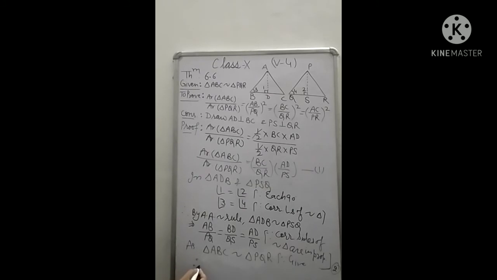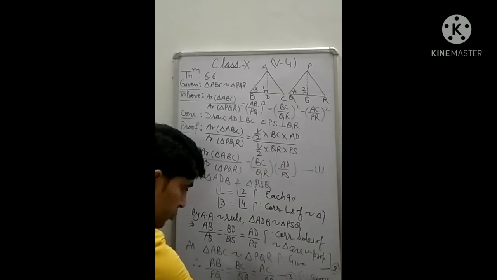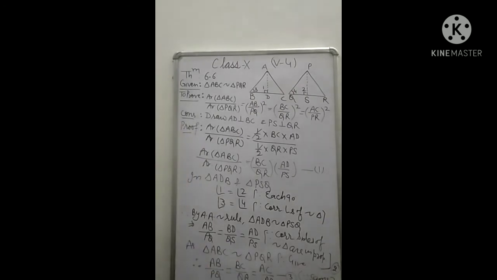So therefore from here we can write AB by PQ is equal to BC by QR is equal to AC by PR. This is equation number 3. And the same reason as in equation 2 we apply here.